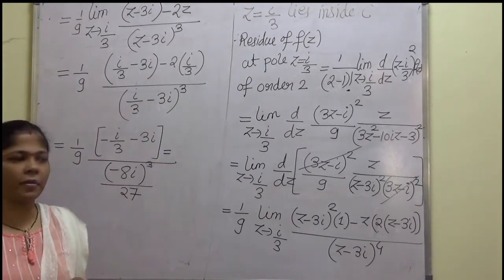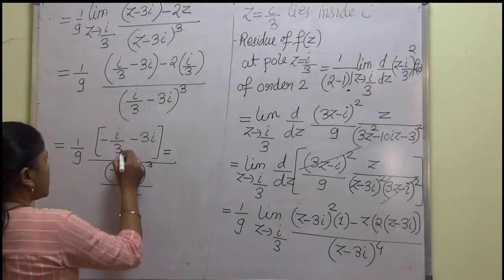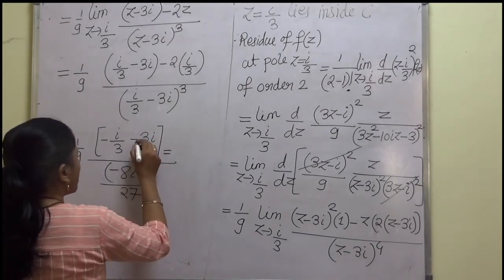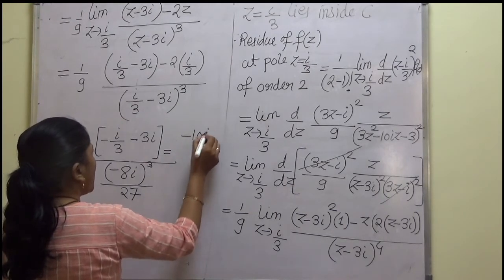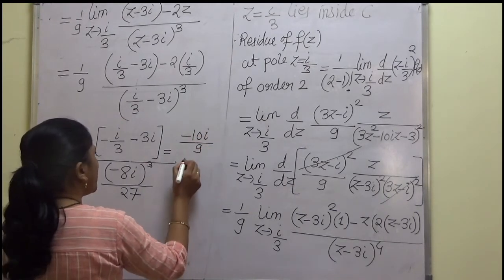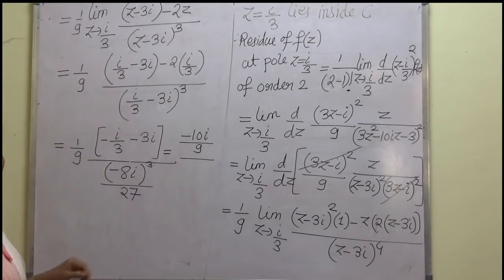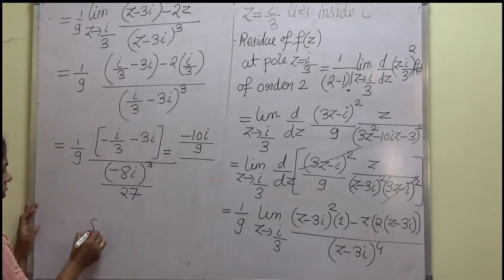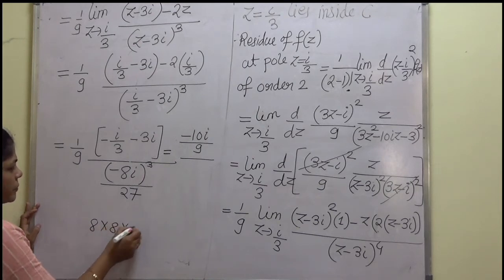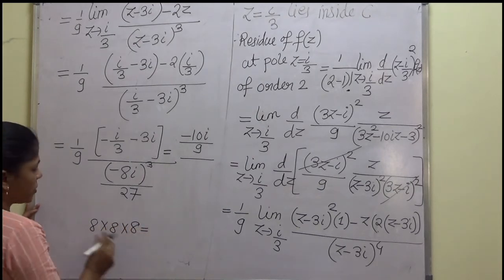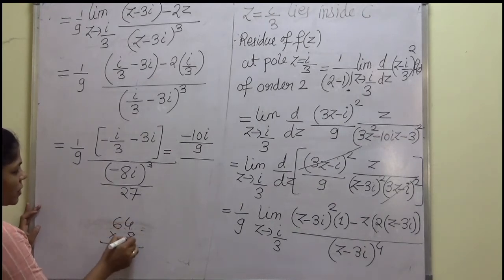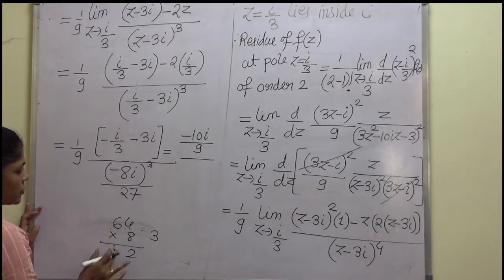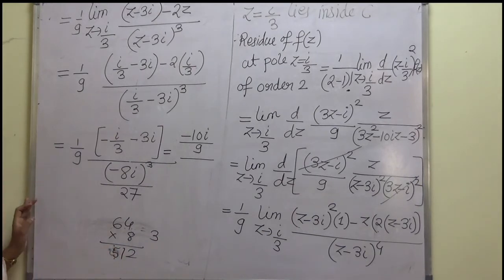So after simplification, here again minus 3i minus i, so minus 10i upon 9 is there in the numerator, and in the denominator 8 cube. 8 eights are 64, into 8 is 512.